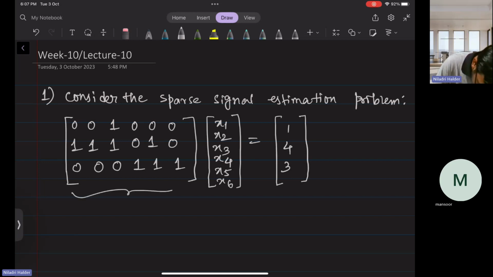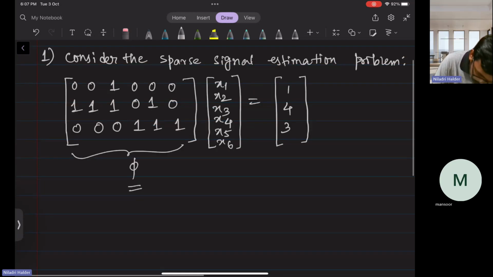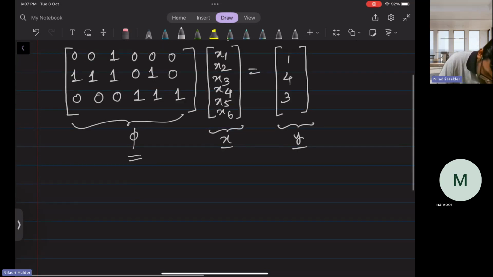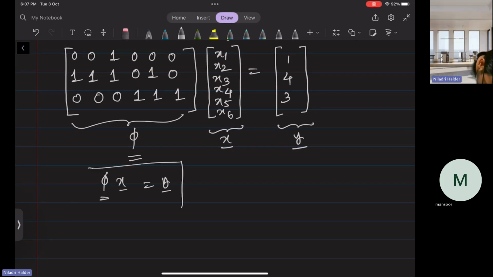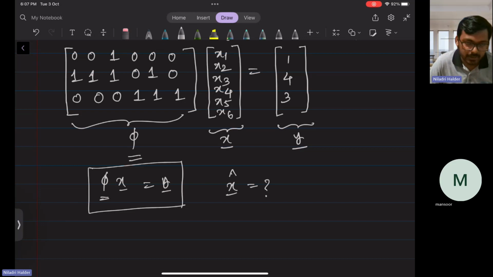This matrix is called the measurement matrix or observation matrix, named phi, and this is the sparse signal vector x, and this is the observations y. So the system model is phi x equals y. Now we need to estimate x using these equations.